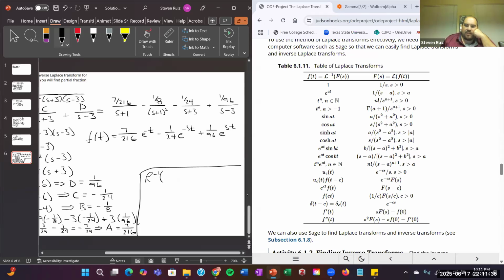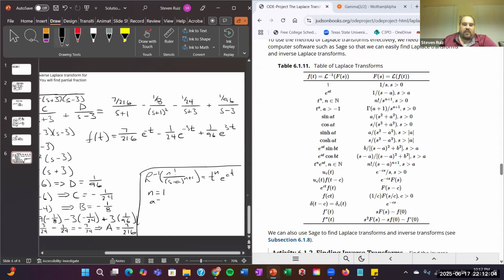The inverse Laplace transform of n factorial over s minus a to the n plus 1 equals t to the n e to the at. Now, for the thing we want, what is our n? Well, if n plus 1 is 2, then n equals 1.